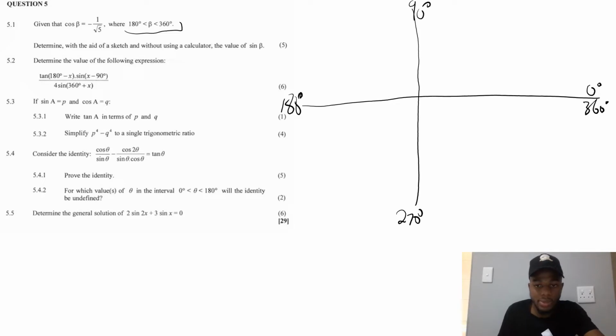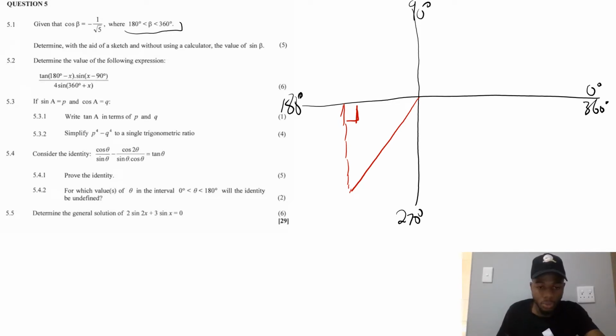Obviously, between these two intervals, the one where we have to sketch this is quadrant number 3, because in quadrant number 4 the cosine is positive, and we wanted where it is negative. So it's very important to analyze the information and check the interval. Don't just come and sketch it without analyzing the given interval and also the given trig ratio.